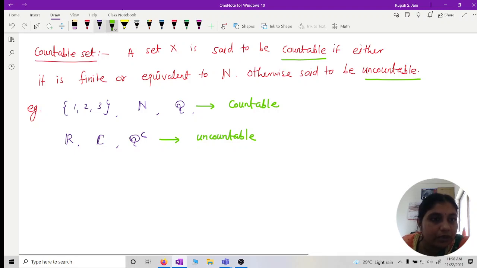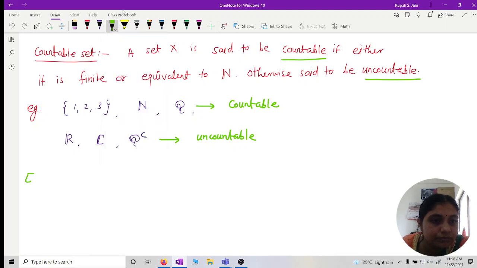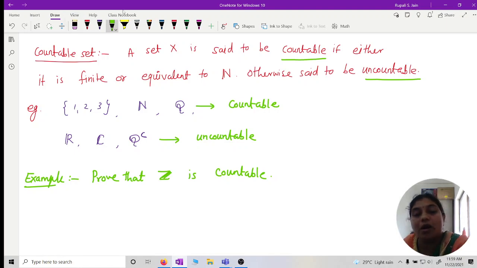Now, prove that Z is countable. So how can we prove this?